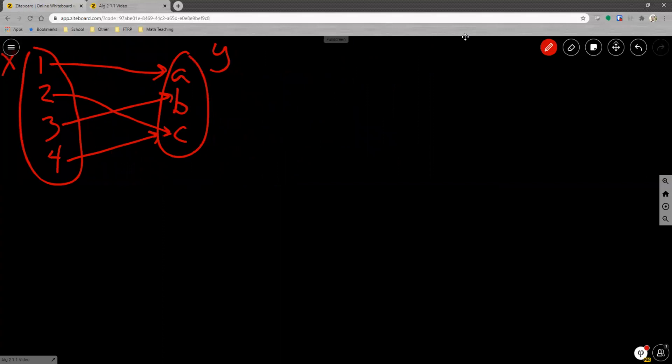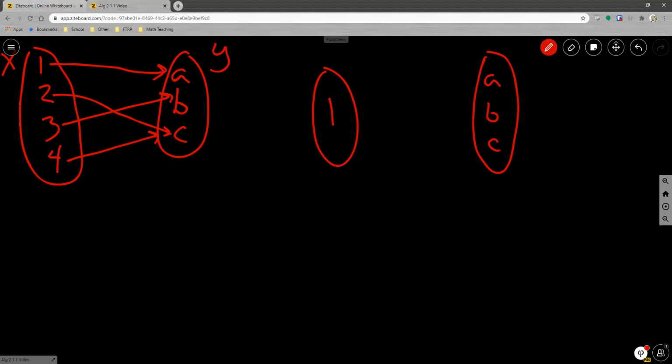Here's an example of a function that is not working correctly. I've got the value 1, and if I plug it in for my input, for my x value, and I get 3 different y values, A, B, or C, when I plug in 1, then that's not a real function. A function needs to behave the same way over and over again.